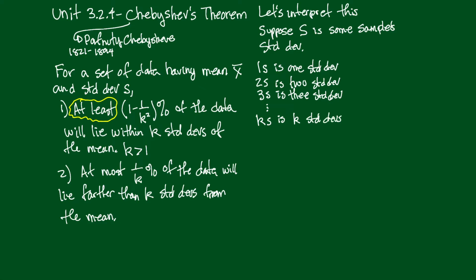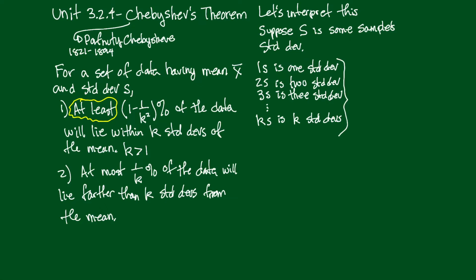I wanted to do this because we're going to use this in our notation when we interpret the theorem, and I wanted to be sure you know what it means. That multiplier just tells you how many standard deviations you have. If it's a 5, you have 5 standard deviations. 3, you have 3. 2, you have 2. In general, k can be some number, and it just tells you how many standard deviations you are from the mean.